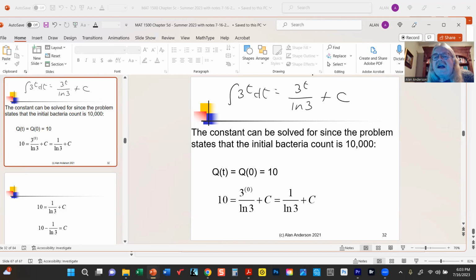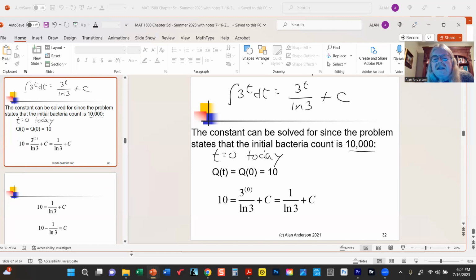So the initial value means that we're at time t equals 0. Okay, t equals 0 is today. Remember what time frame you're looking at. The time scale 0 means we're at today. So we know that q of 0 is 10.